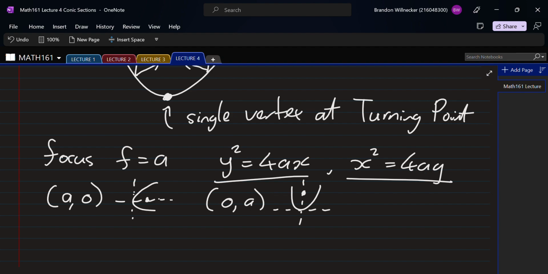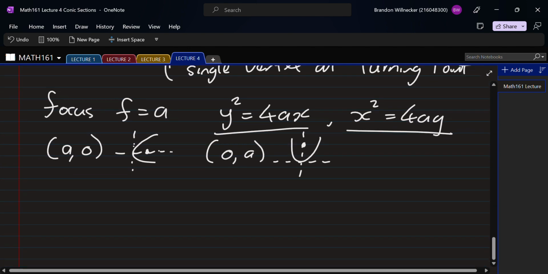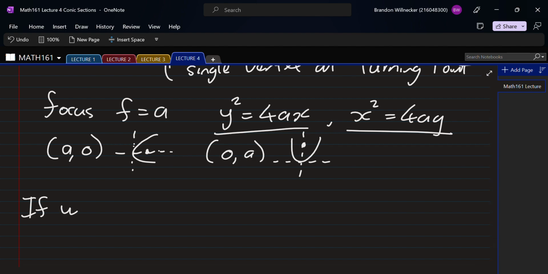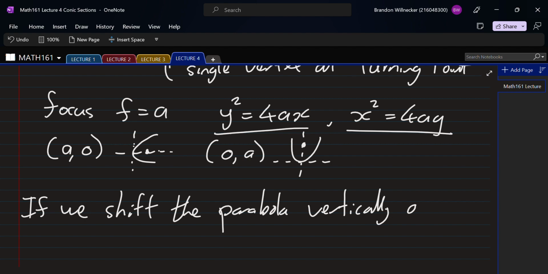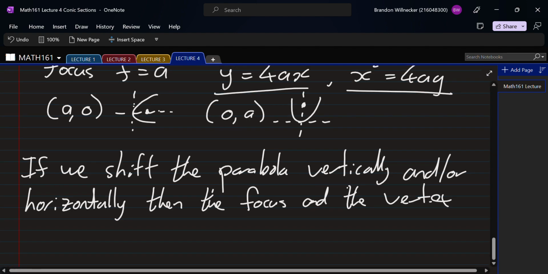And as with the ellipse, if we take this parabola and shift it vertically, or you can do both, and/or horizontally, then the focus and the vertex also shift in accordance with that.